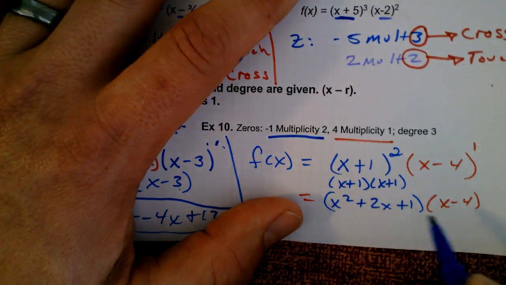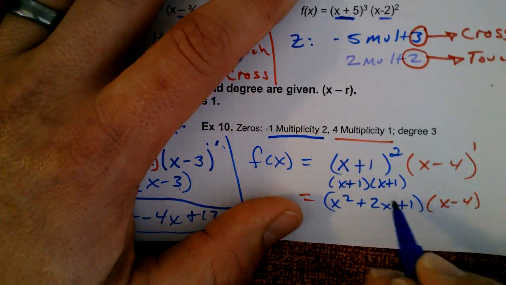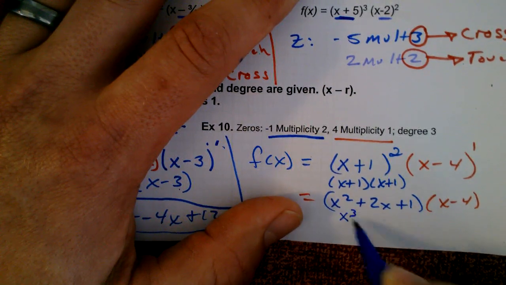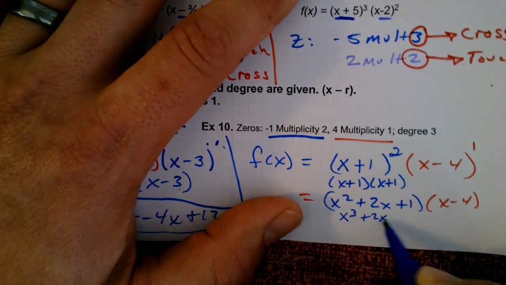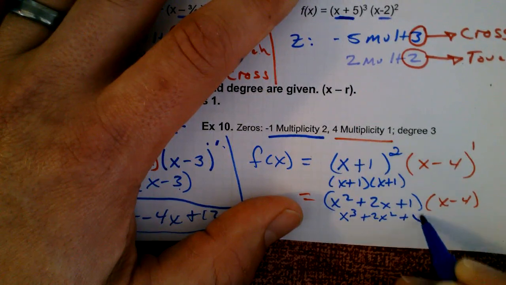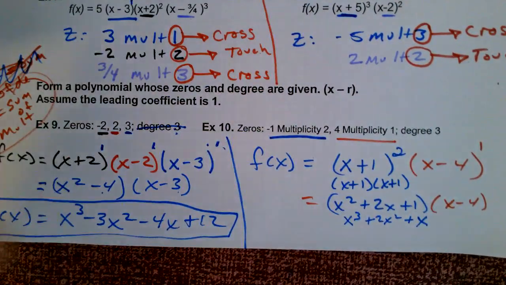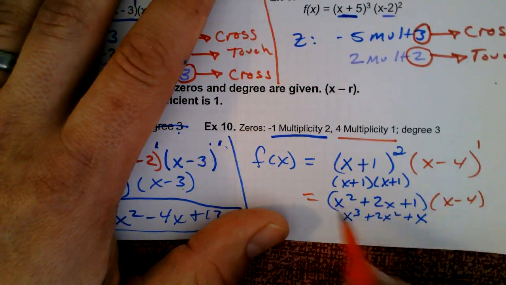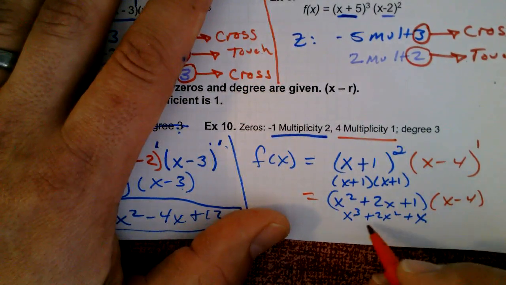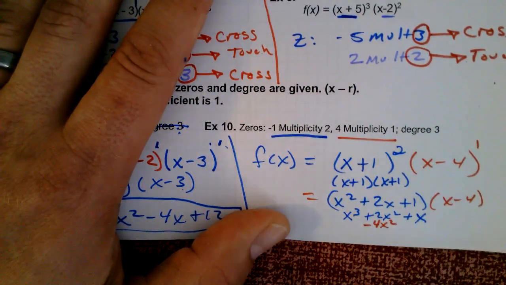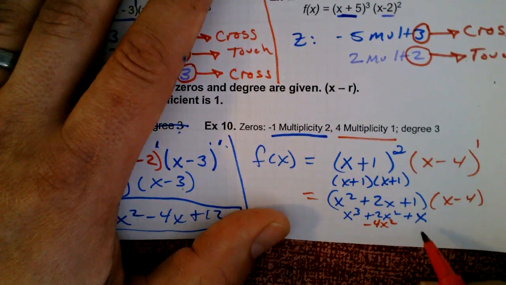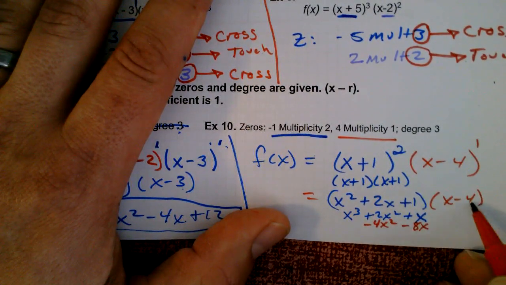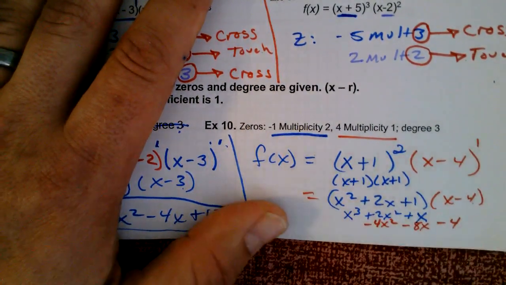So I have to multiply 6 times. I'm going to take x times each one of these. I get x cubed plus 2x squared plus 1x. And then I'm going to take -4 times all of these. So -4 times x squared is -4x squared. -4 times 2x is -8x. And -4 times 1 is -4.